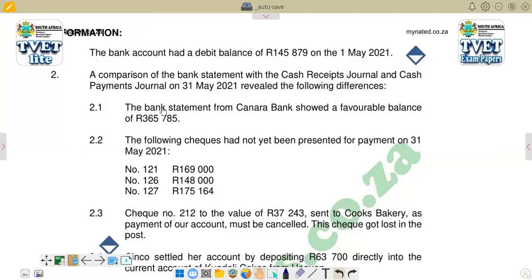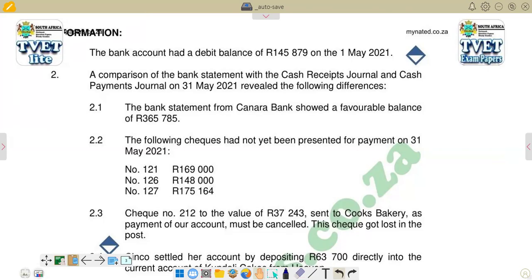This is the bank statement balance that we are going to start with. What does a favorable balance mean? Remember, the bank statement also has a debit and credit balance. When we have a favorable balance on the bank statement, it appears on the credit side.